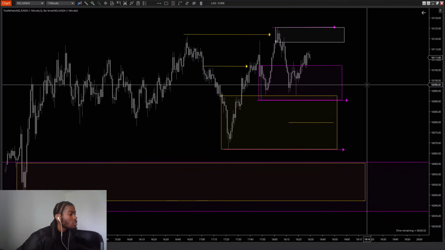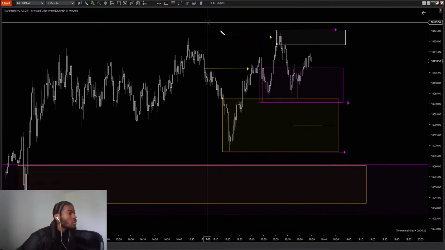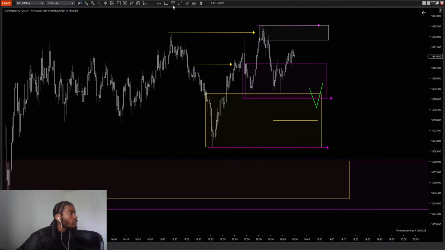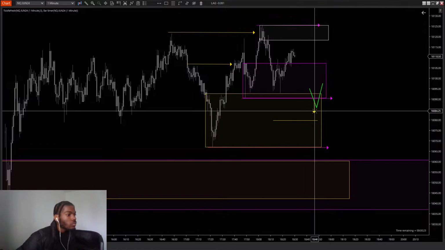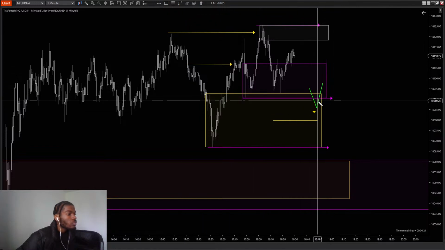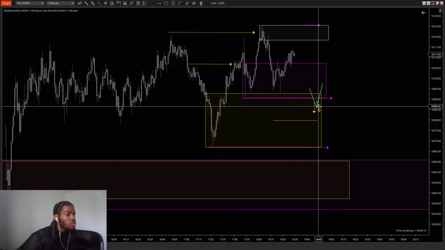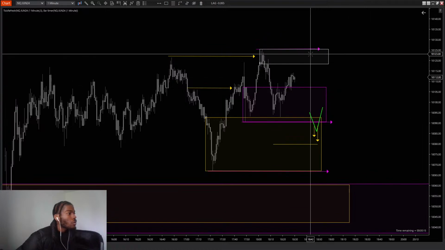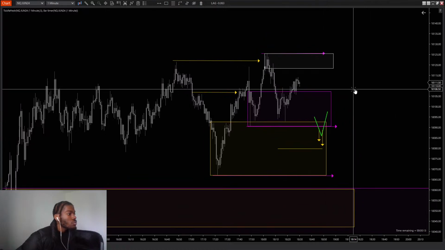All you need is structure. This is the move I'm looking for. A failure to close below. Now, I'll look for some shorts too.